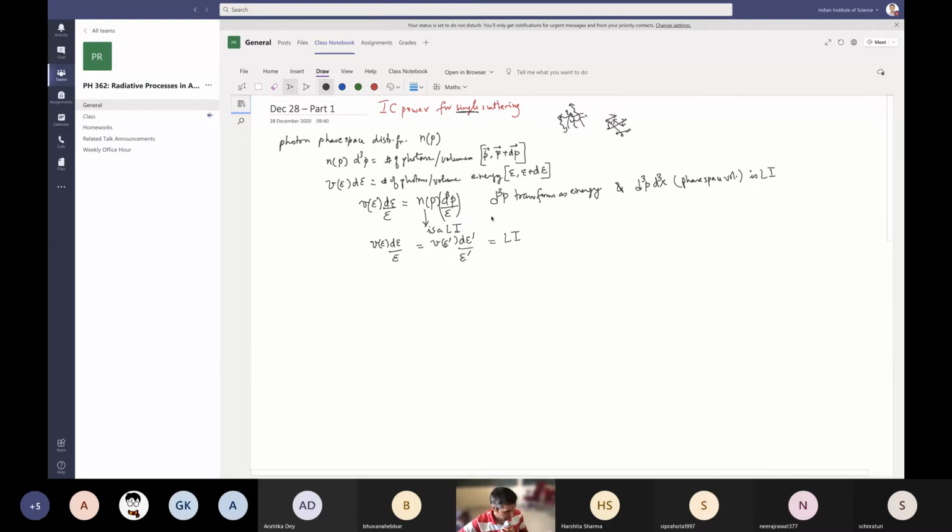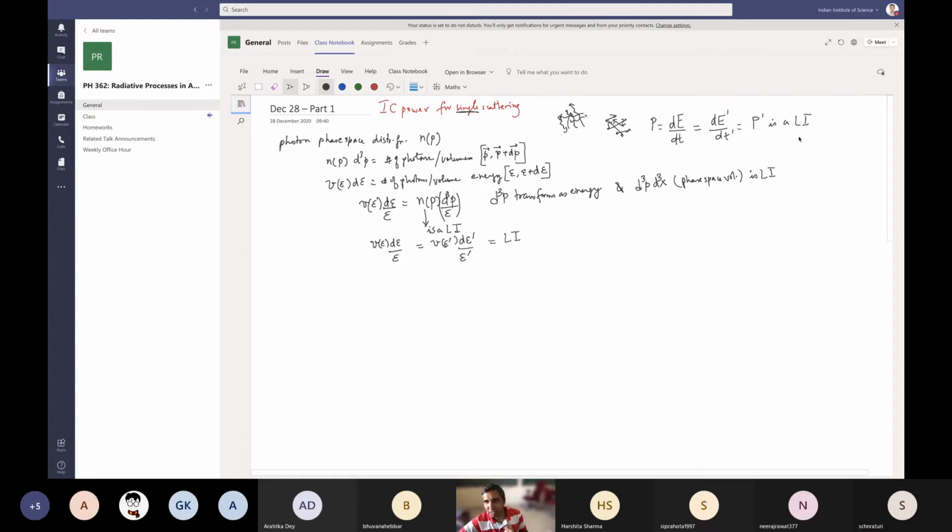Now, this thing that d3p transforms as energy, you recall when we were showing that the radiated power is a Lorentz invariant. So we actually dealt with all these things.